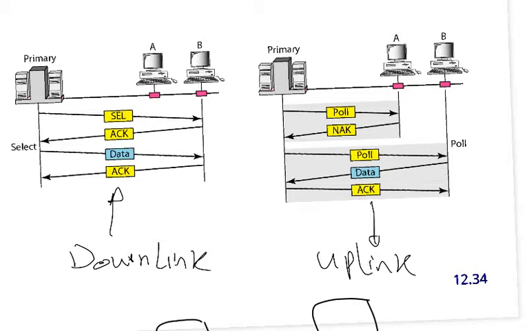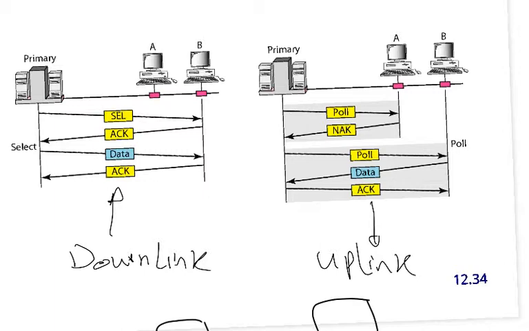They will stay silent. Okay? So I select a particular node. In that case, I make sure that no one else will send at the same time. Okay? So this is a clean and easy way to make sure that there is no collision.